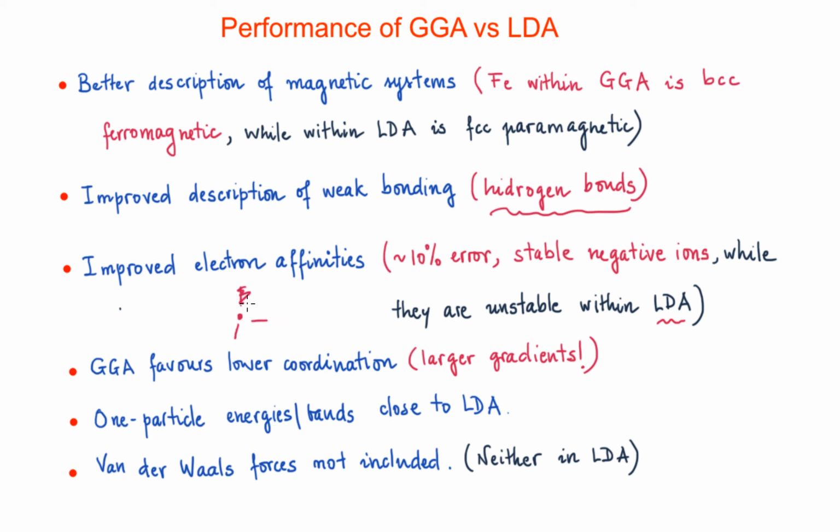So the density is more concentrated in the bonds, so the gradient is going to be higher when the coordination is smaller. Otherwise, when you are increasing the coordination, the density is going to spread more uniformly around the atom. And the GGA is favoring these larger gradients. Somehow it's favoring, therefore, a lower coordination.